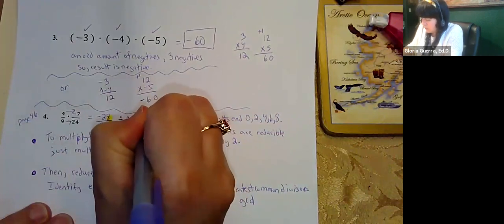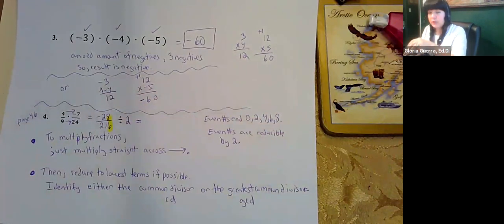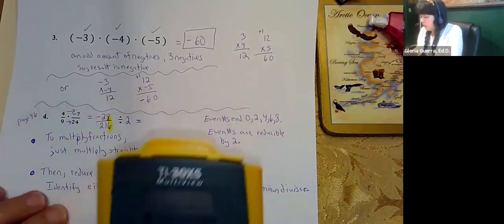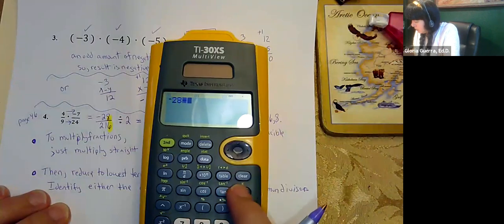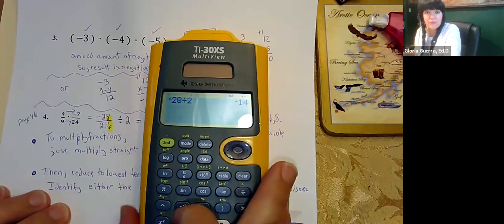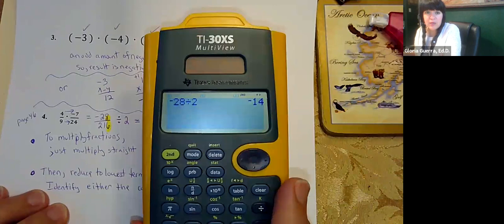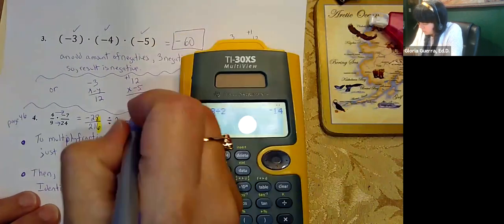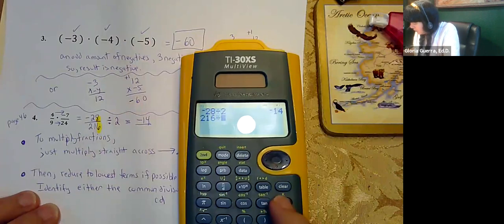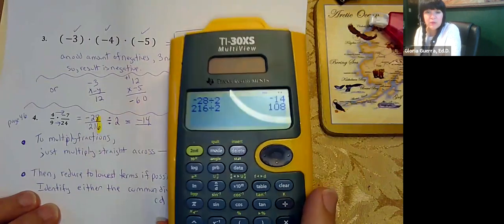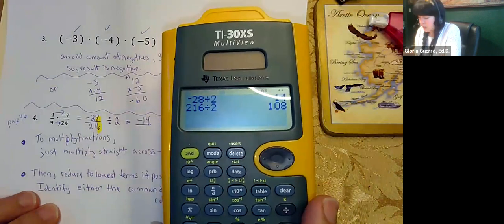If I communicate that to my teacher, and then I start dividing, I'm going to start with negative 28 divided by 2. You're just cutting that in half. Half of negative 28 is negative 14, and 216 divided by 2 is 108.